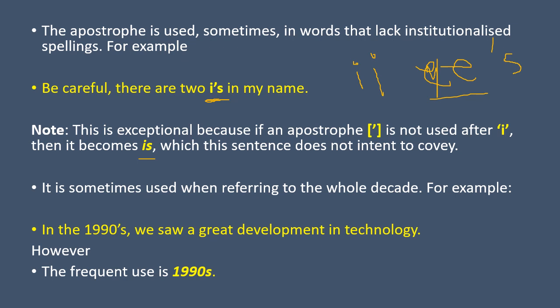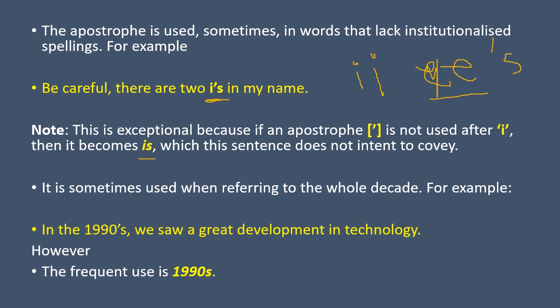But if you say there are two I's in my name, and you say it without an apostrophe, then it becomes is. For example, you would be saying something like: be careful, there are two is in my name, which is absolutely not possible. So that's why in order not to make it the word is, we use an apostrophe and then s. Okay, so this time it is making this I a plural.